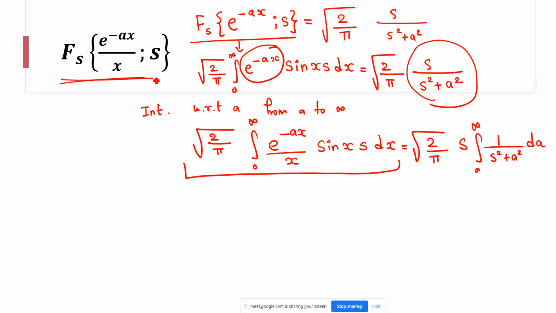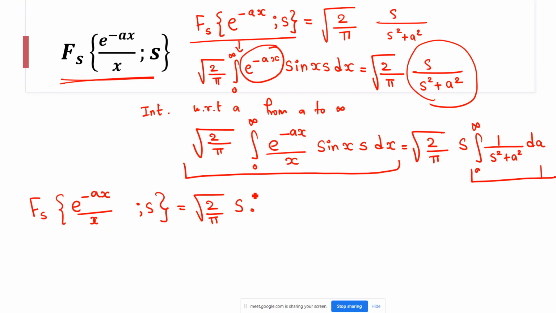So the left hand side is nothing but Fourier sine of e raised to minus ax upon x converted to variable s, and the right hand side is nothing but root 2 by pi, s times the integration of this, which is nothing but tan inverse of a by s, since a was a variable, and that should be multiplied with 1 by s.